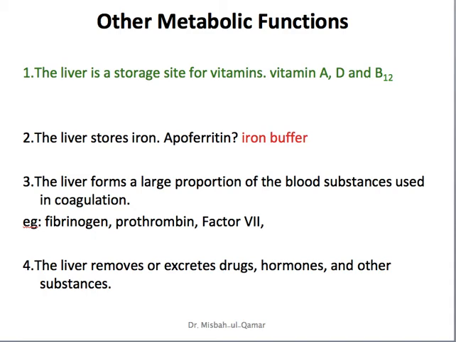The liver forms a large proportion of the blood substances used in coagulation, for example, fibrinogen, prothrombin, and factor 7, while vitamin K dependent coagulation factors are prothrombin and factors 7, 9, and 10. And finally, our liver removes or excretes the drugs, hormones, and other substances.